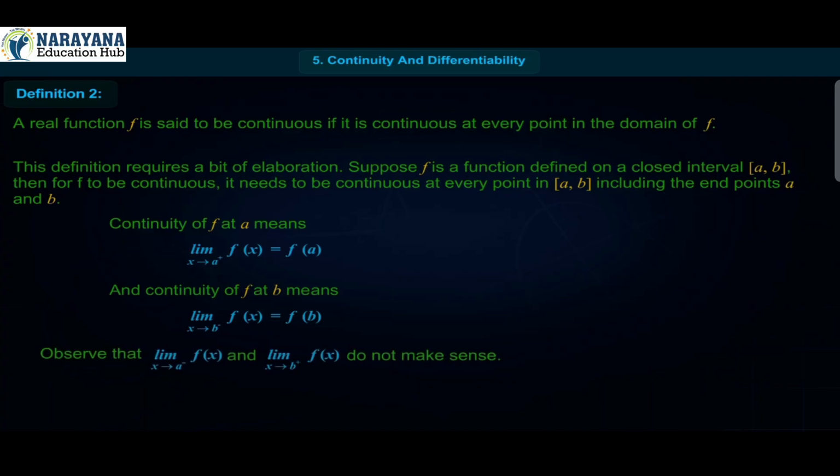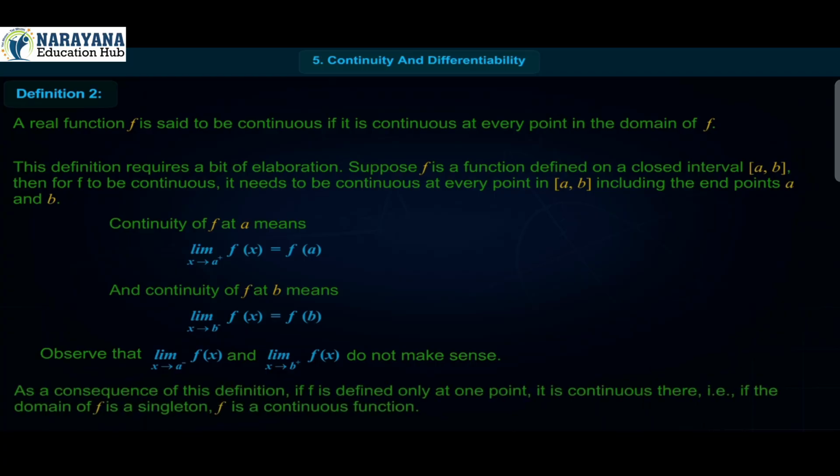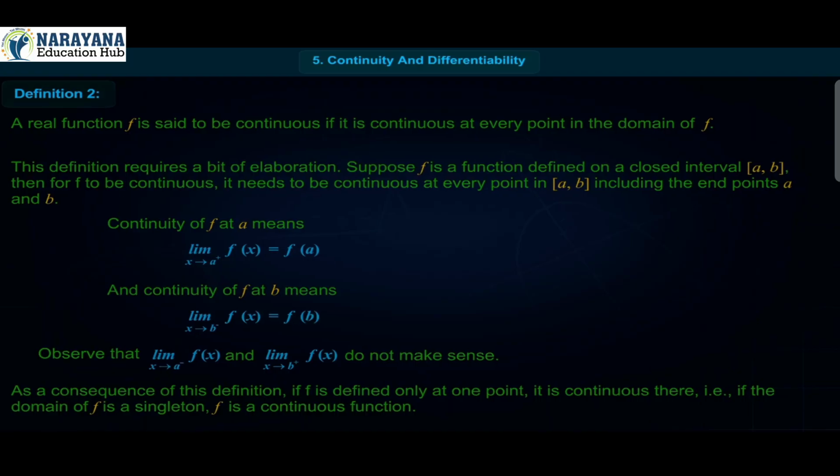Observe that limit x tends to a minus f of x and limit x tends to b plus f of x do not make sense. As a consequence of this definition, if f is defined only at one point, it is continuous there. That is, if the domain of f is a singleton, f is a continuous function.